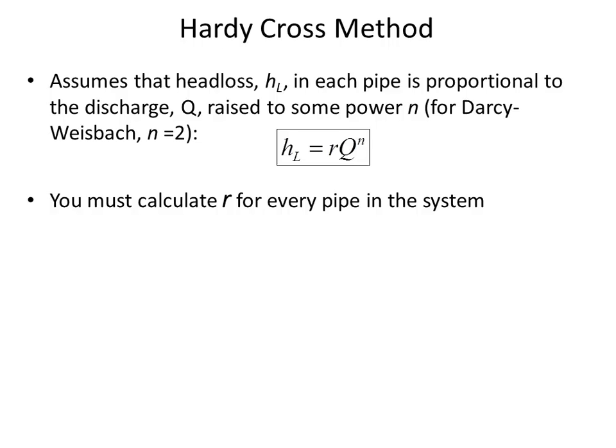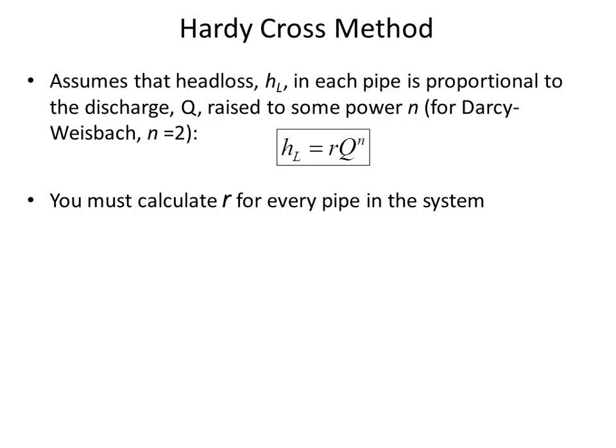We're going to group all of these terms together and throw in A squared and change this to Q squared. So all of that is going to be R. So you can see here in this formula, head loss is R times Q to the n power.